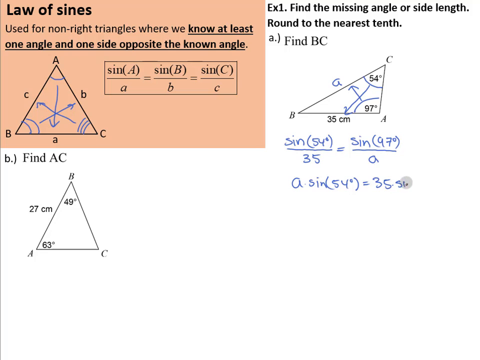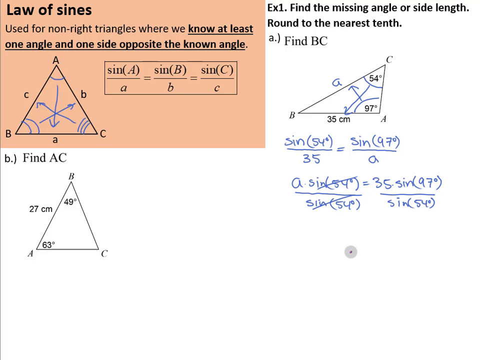Now to finish getting A by itself, note that it's being multiplied by the sine of 54 degrees. So we simply divide both sides by the sine of 54 degrees. And then here, we now have an expression that equals A.